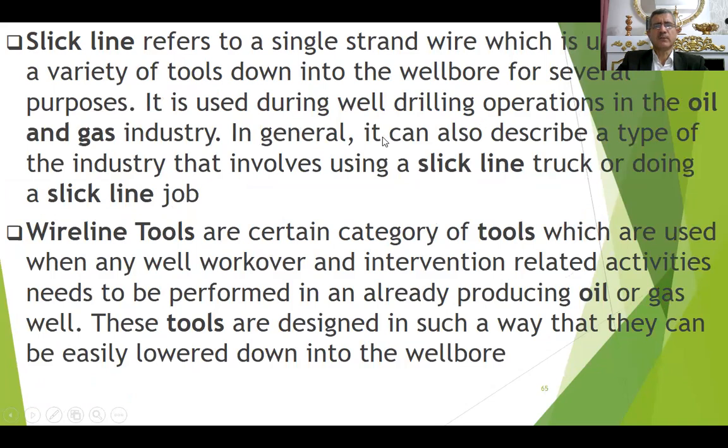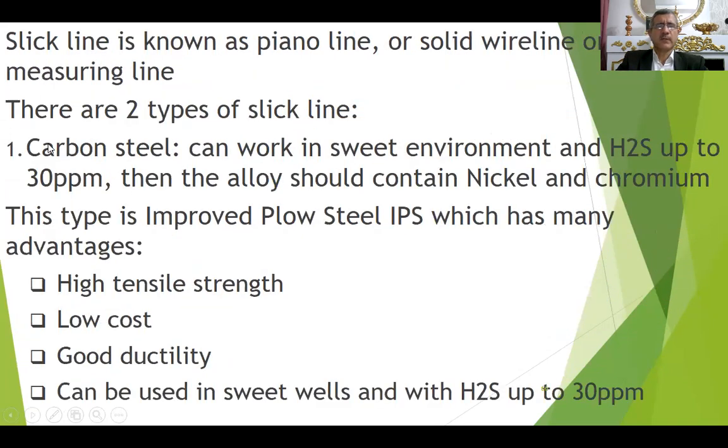For slick line, we have these details, wireline tools, and we have stainless steel and carbon steel. Carbon steel is used up to H2S 30 ppm, while in an H2S environment, we have stainless steel. This type is improved plow steel, IPS, which has many advantages: high tensile strength, low cost, good ductility.